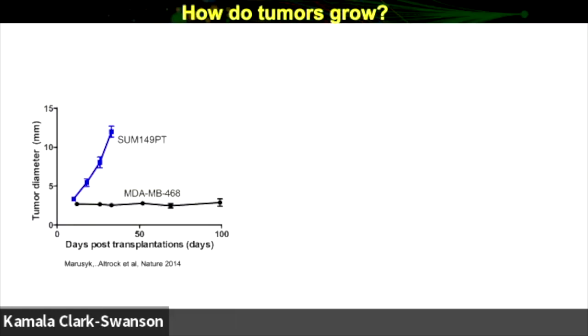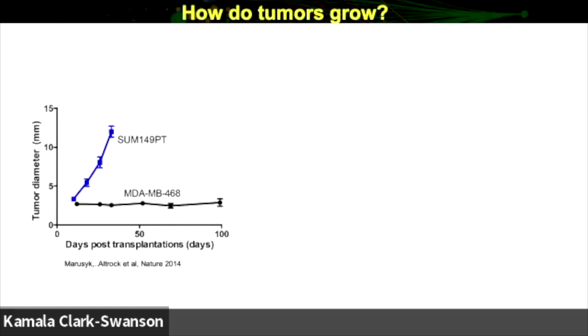The weird thing about these MDA-MB-468 xenograft tumors growing in immune compromised mice is that their growth is very, very slow compared to some other models. It can be fit to exponential tumor growth, but the question is, why does this tumor grow so slowly?